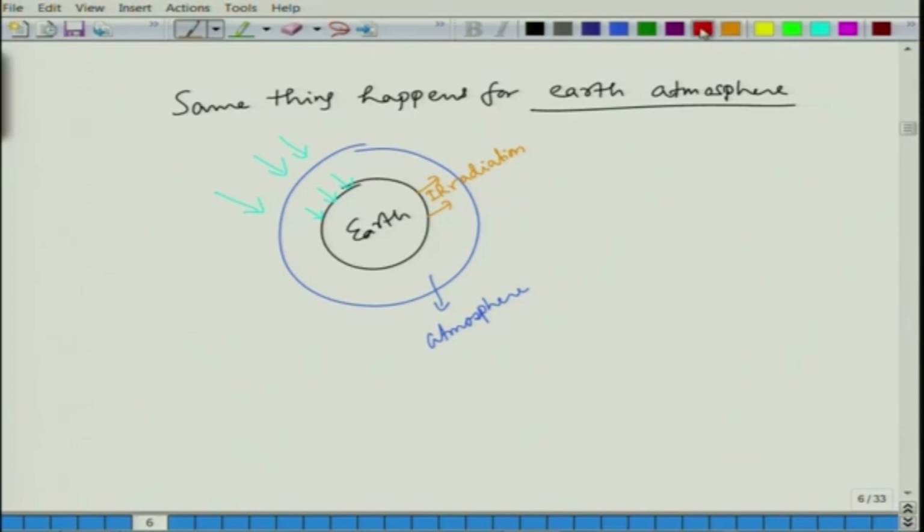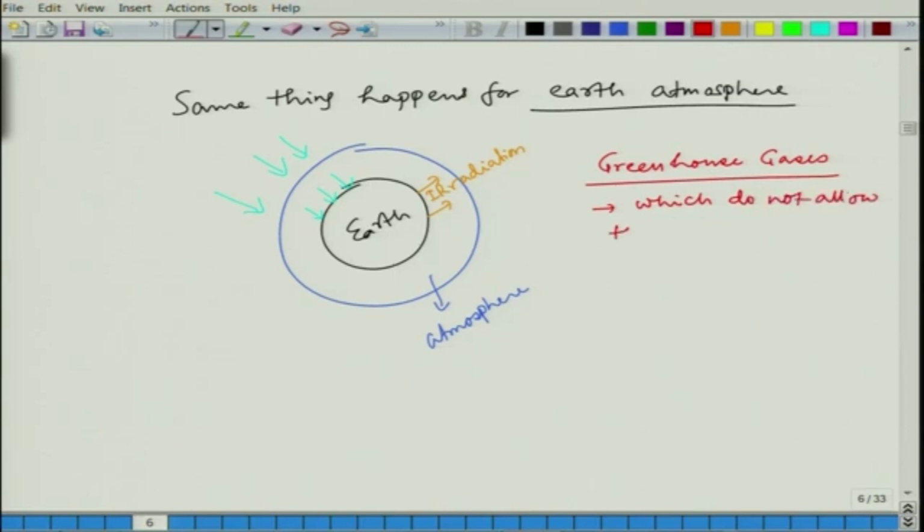And those are called greenhouse gases, okay, which are the major culprit which do not allow the IR heat from the earth to go back into the space.